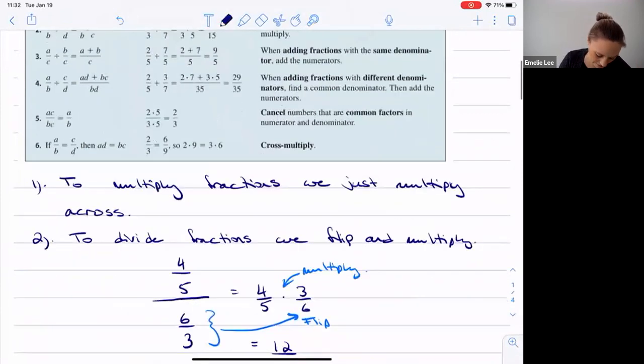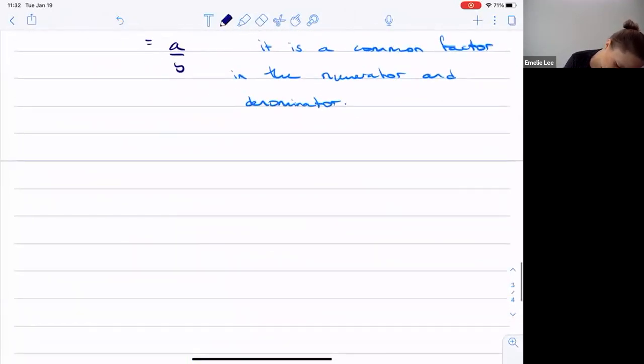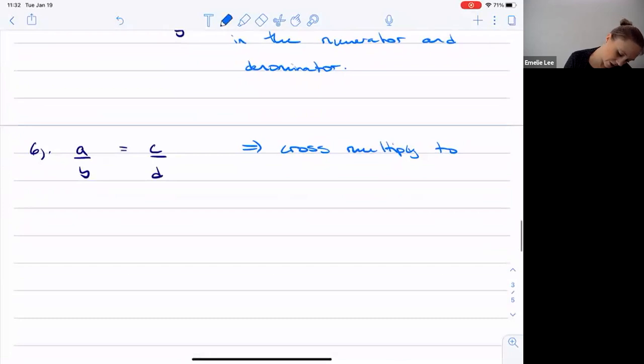So property 6. If a over b is equal to c over d, cross multiply to eliminate fractions.